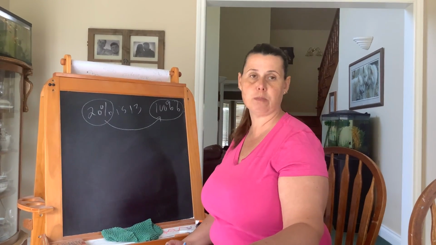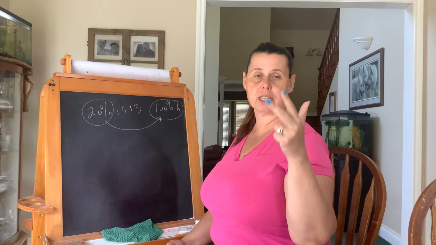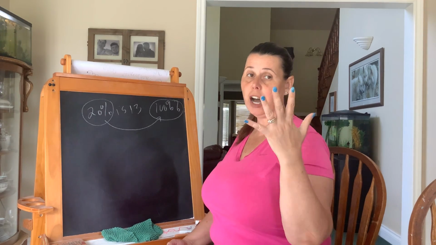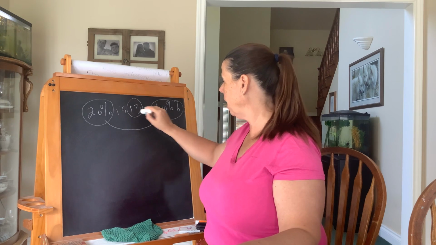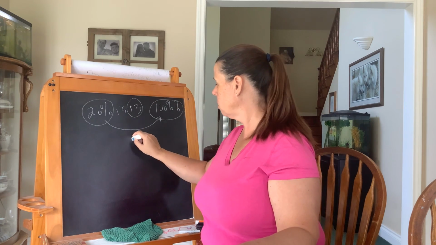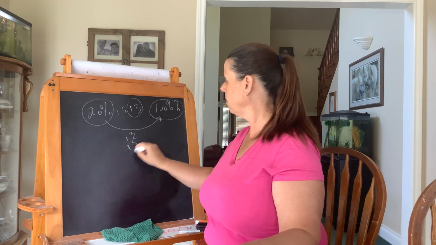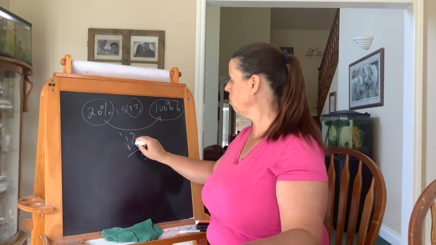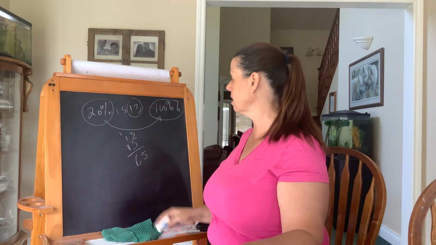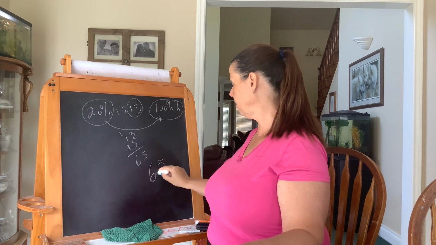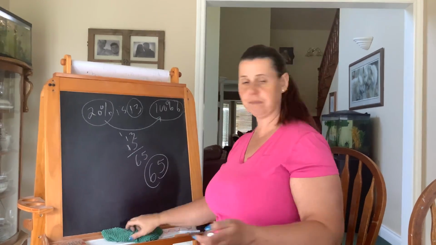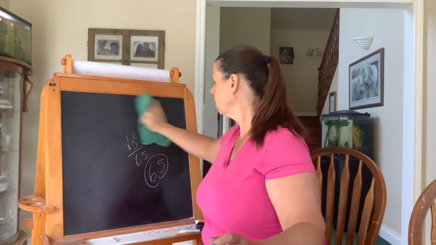How many 20s make 100? 20, 40, 60, 80, 100. 5 20s make 100, right? So if I multiply this by 5, I'll get my 100%. So 5 times 13, 5 times 3 is 15, carry the 1, 5 times 1 is 5, and 1 is 6. So 100% is 65. Okay, you go answer the last couple.